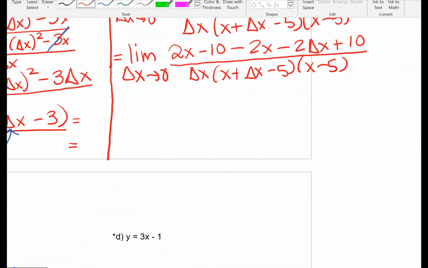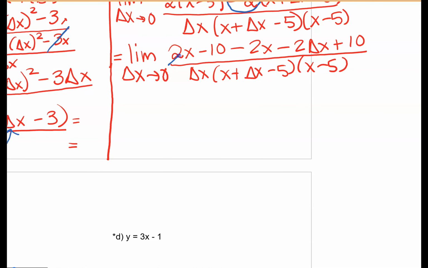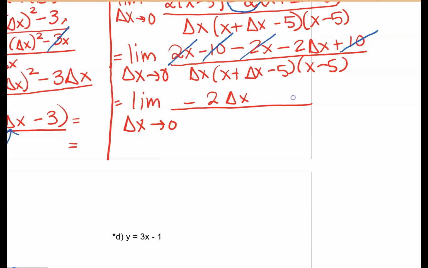Okay, so now I notice in the numerator 2x will cancel with negative 2x, negative 10 will cancel with 10, and I am left with the limit as delta x approaches 0 of negative 2 delta x in the numerator over all of that, delta x times all of these.